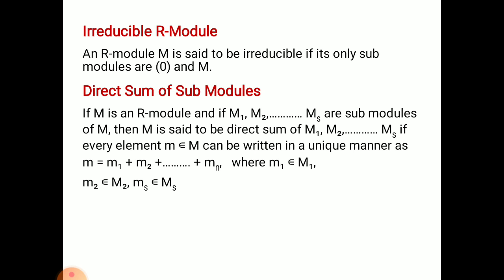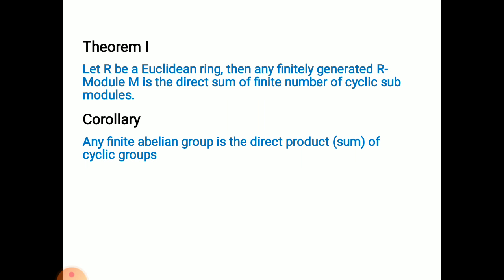And then direct sum: if M is a module and M1, M2, ..., Ms are submodules, if any element of module M can be written as a sum of the elements of the submodules, then M is said to be the direct sum of the submodules M1, M2, ..., Ms. We have seen three definitions, and then we shall see some results on the submodules.